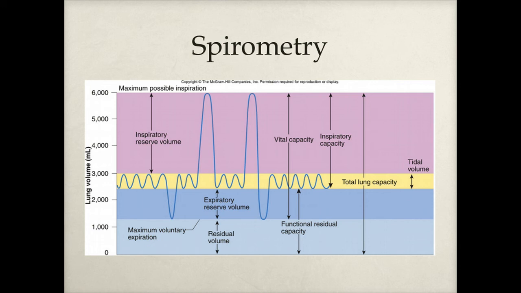So it's dead space because it's not part of the CO2-O2 exchange, but it is still air that is moving in and out of the upper and lower respiratory tract. And that value is 150 milliliters.